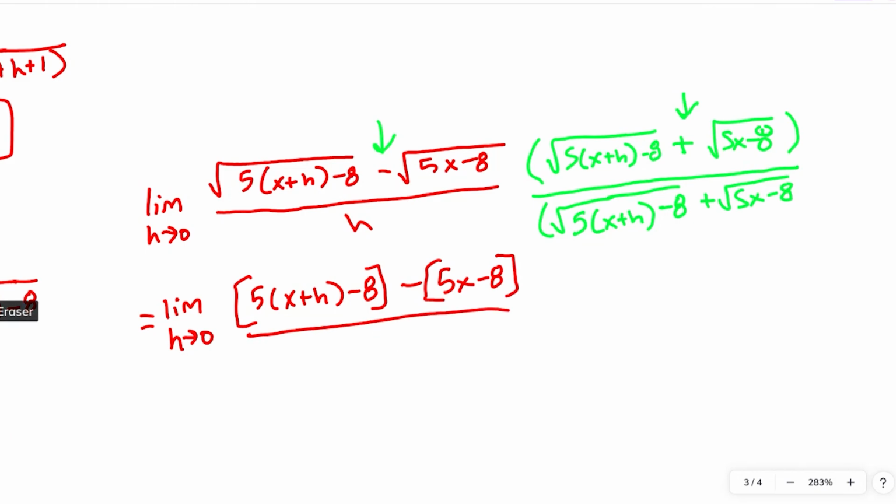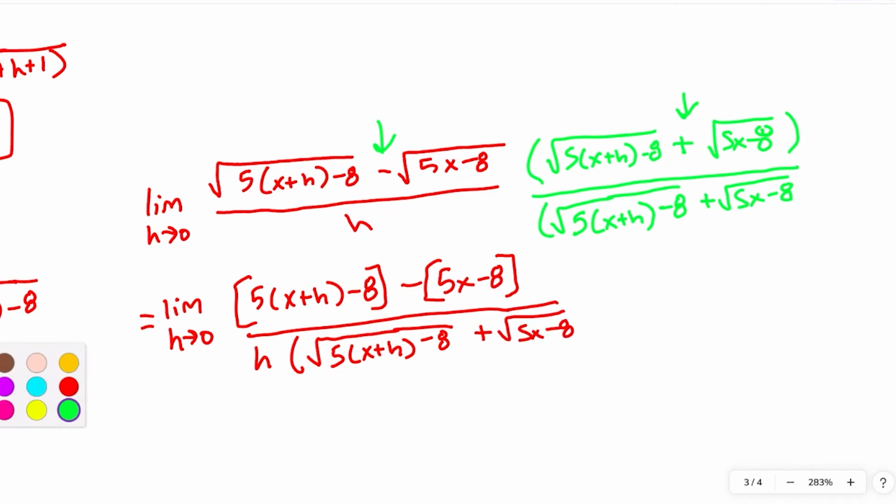Not just h, though. We got more going on in that denominator. H times the square root of 5 times x plus h minus 8, all underneath that same square root, plus the square root of 5x minus 8. Looks like I left off a little parenthesis right there, and I did it again down here. All right. Okay.